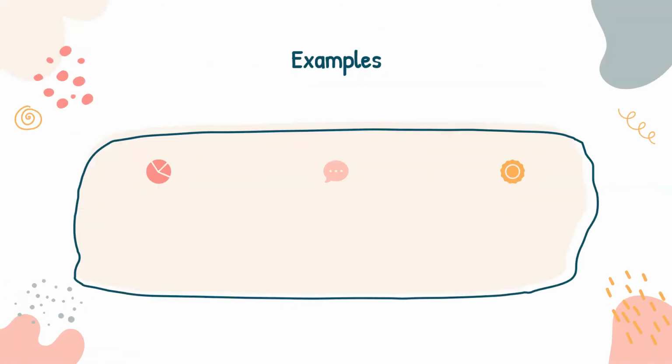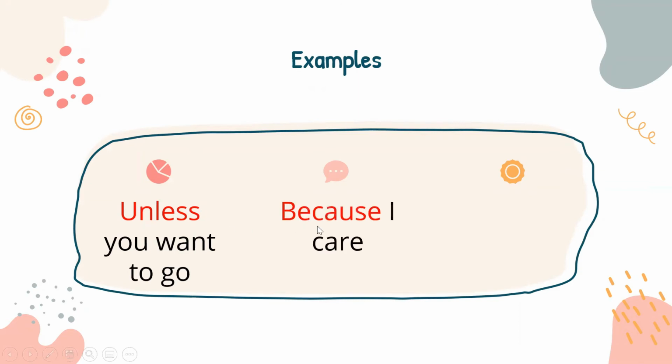Let's give examples of dependent clauses. Unless you want to go. This is an example of a dependent clause because it starts with a subordinating conjunction, unless. Number 2, because I care. It is also a dependent clause because it starts with the subordinating conjunction because and it doesn't express a complete idea.